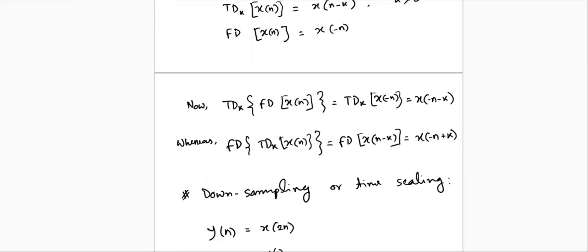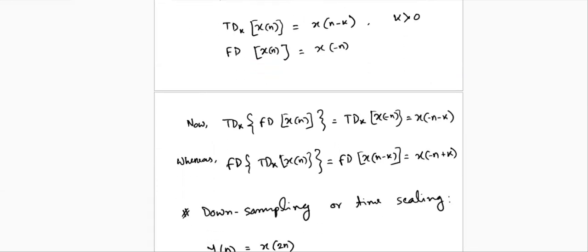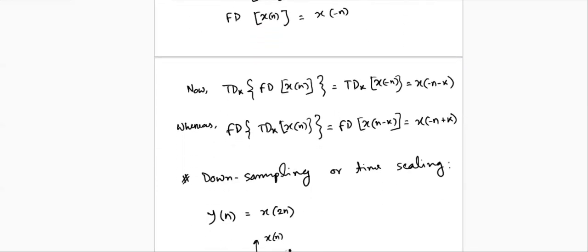I have already mentioned that these operations, like time shifting, that means time delay or time advancing, and the folding operation, are not commutative. So what does it mean? If we do the process in a different sequence, that will not give you the same result.